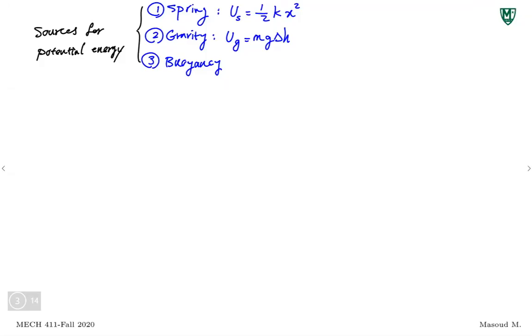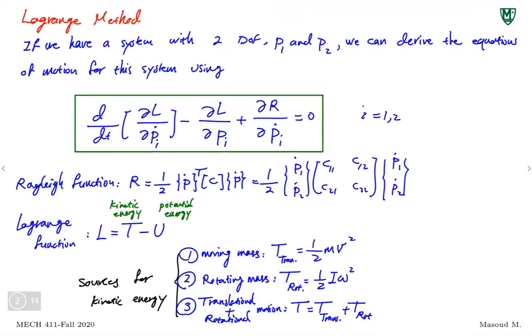So here is how it works. You're given a system. You start by finding the kinetic energy and potential energy for the system, and you form your Lagrange function. Now, for each degree of freedom, let's say your first degree of freedom is x1, you use this relationship.